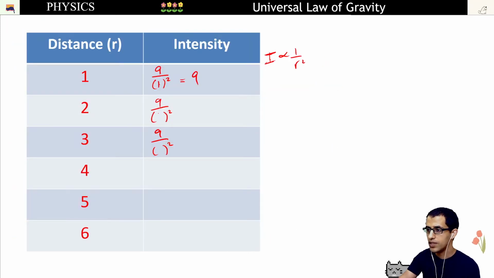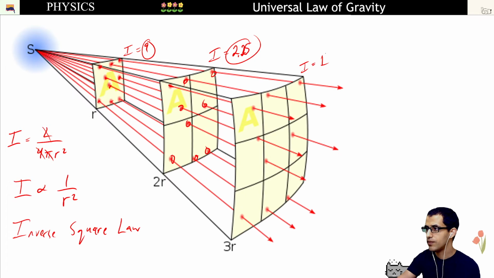For the second one, it's going to be 9 over 2 squared. 9 over 4 is 2.25, not 2.5. And for the last one, it's 9 over 3 squared. So that's going to be 1. Yeah, and that's what we see here, 2.25 and 1.